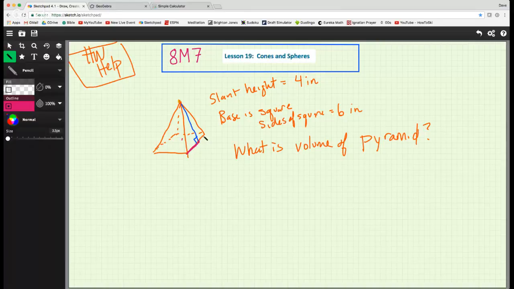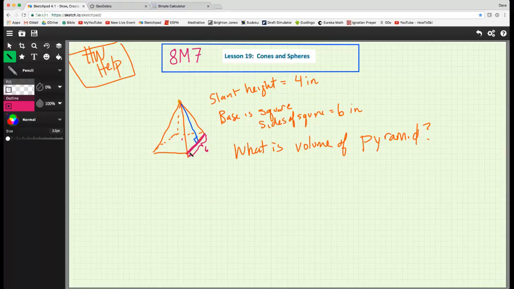Okay, so if this whole distance here is 4, sorry, this whole distance is 6. So it's 6 from here to here. How far is it from here to here? Well, that distance has got to be 3.